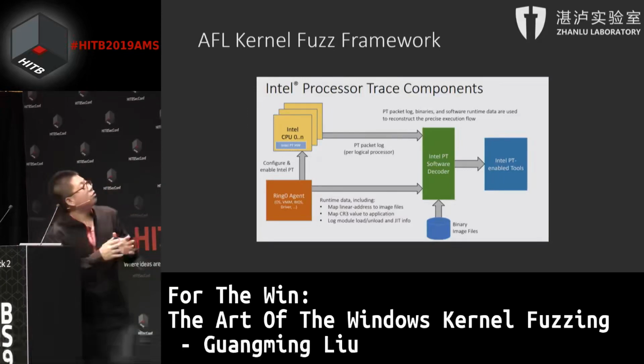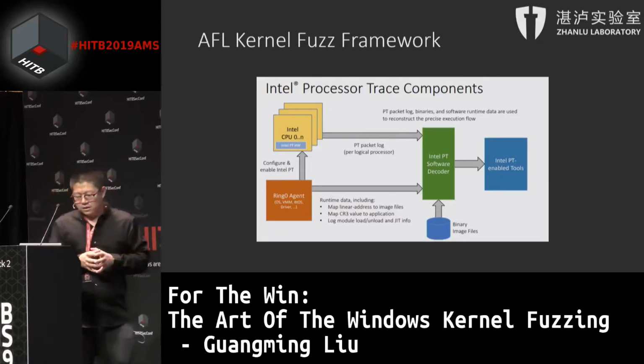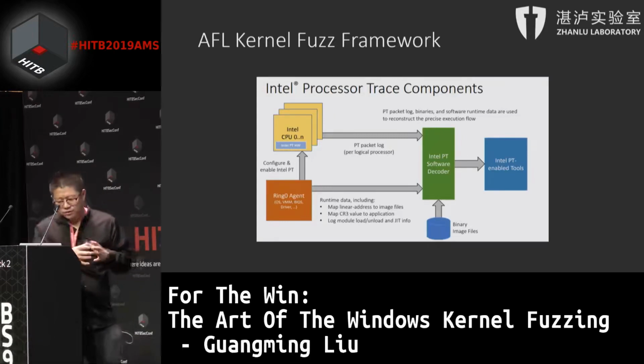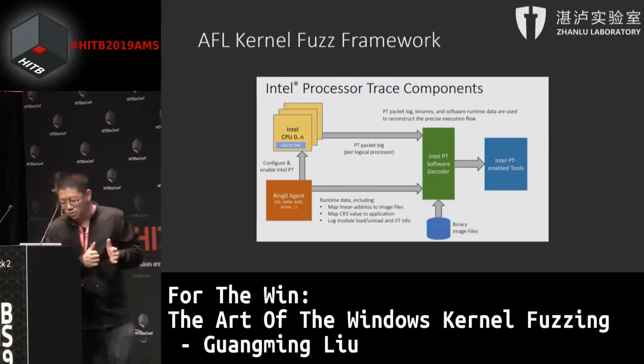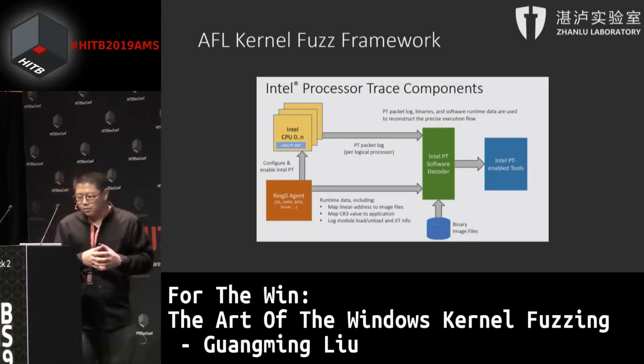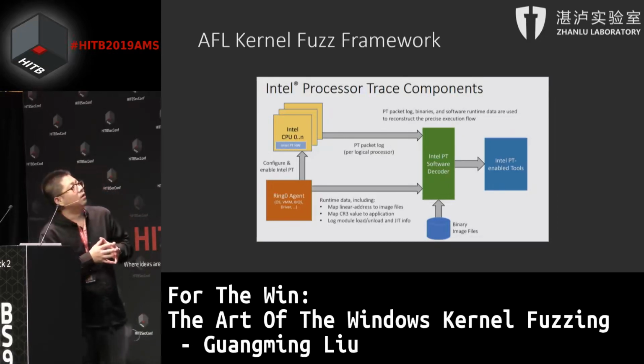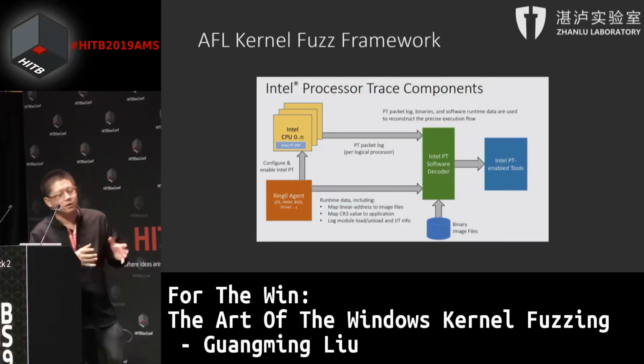At first, the CPU will generate the data, and the data will be sent to the software decoder, and the decoder will decode the CPU data. When the decoding is finished, the Intel PT software decoder will tell us how many branches we get.